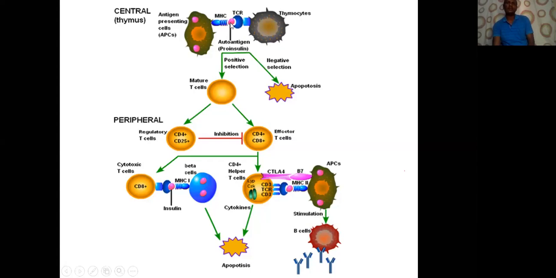Here, in the case of type 1 diabetes, the antigen will be insulin or proinsulin. Insulin and proinsulin are recognized as antigen, and they will be presented to the T lymphocytes.